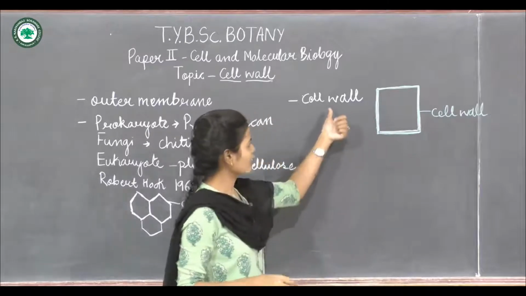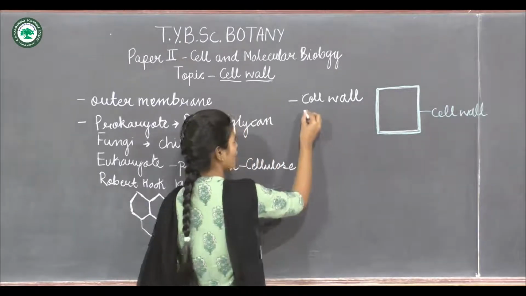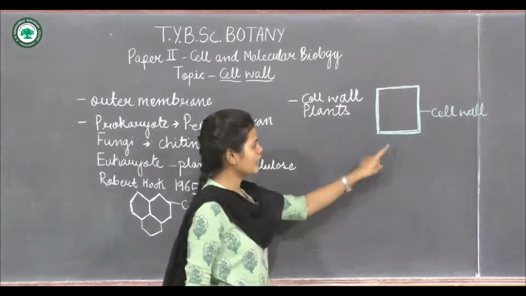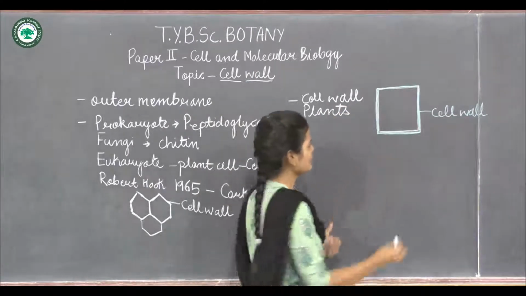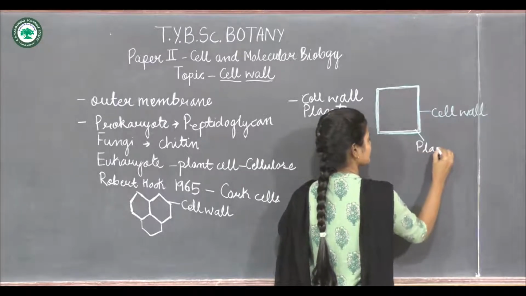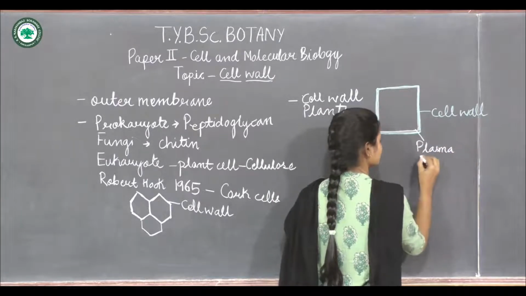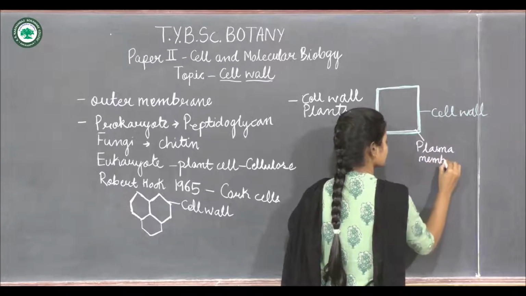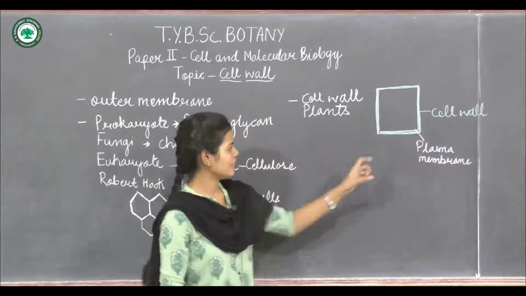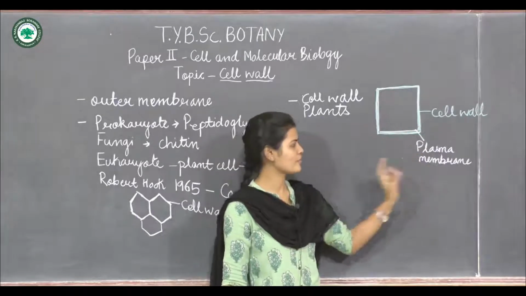Next to that, there is the next membrane, the plasma membrane. So, next to the cell wall there is the plasma membrane.